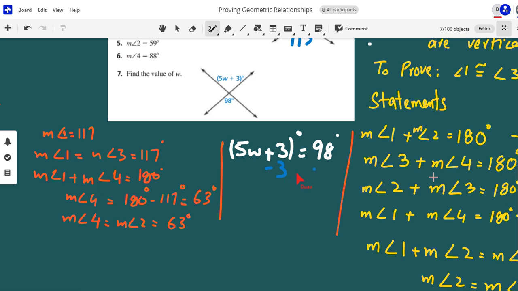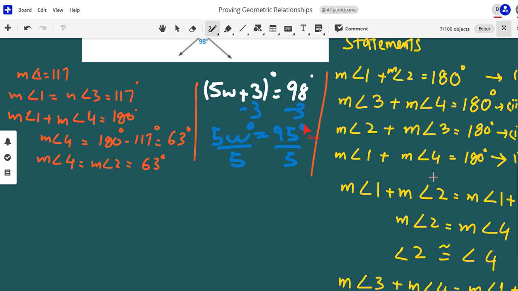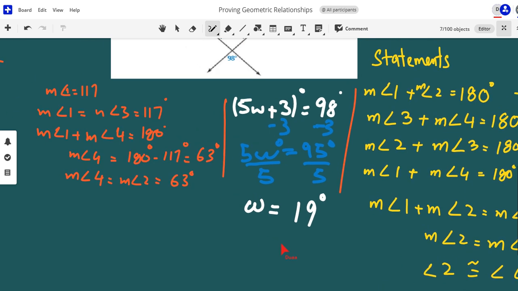We can subtract 3 on both sides, so we get 5W equals 95. Then dividing both sides by 5, that will lead us to 19 degrees. Okay. Is it clear?